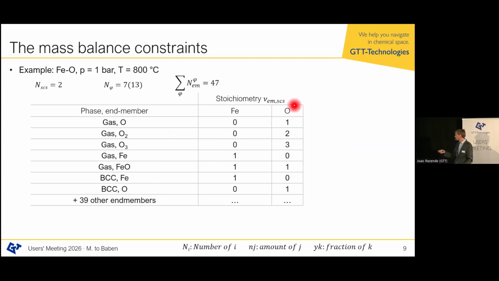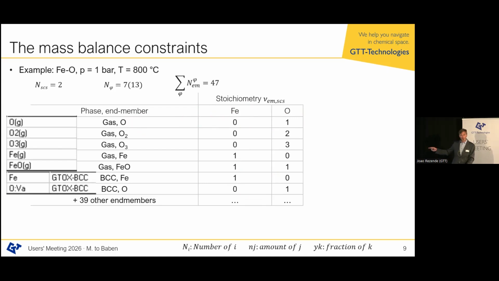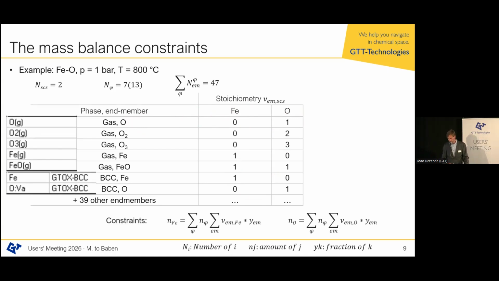And then we have here in the second and third column the stoichiometry of this end member with respect to iron or with respect to oxygen. I hope there's no question concerning how I have filled in this table, right? It's trivial. Good. And this is also what I talked about earlier. These are the species or the end members I have introduced earlier. All of that you know.